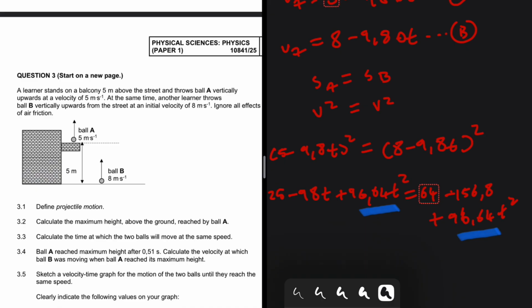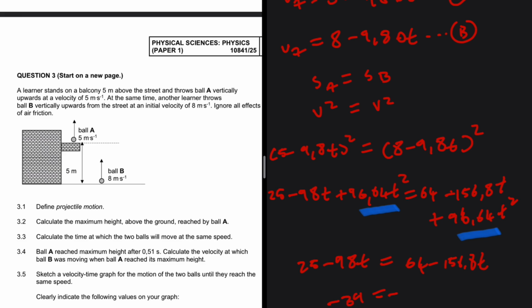So we're going to be left with 25 minus 98t being equal to 64 minus 156.8t, right? So 64 to the other side, 25 minus 64, that is minus 39. And then what about minus 156.8 plus 98?